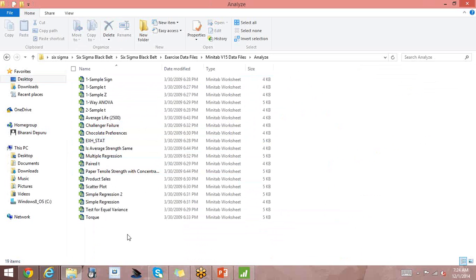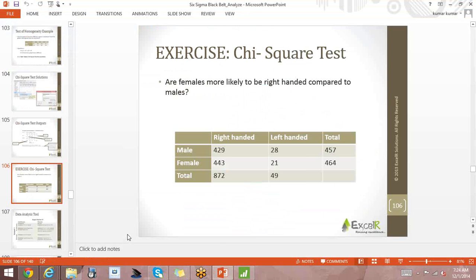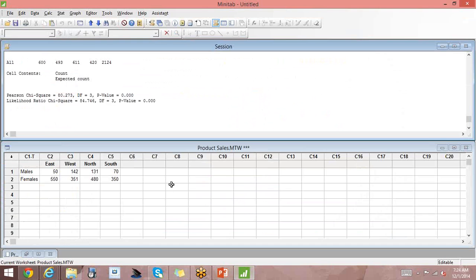I don't think we have, but I think I can enter it manually into Minitab and see.